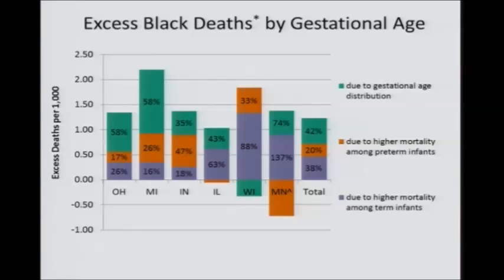So then delving deeper into the excess black deaths in the region by gestational age, you can again compartmentalize these Kitagawa components due to gestational age distribution, higher mortality among preterm infants, and higher mortality among term infants. It's mostly post-neonatal mortality there.